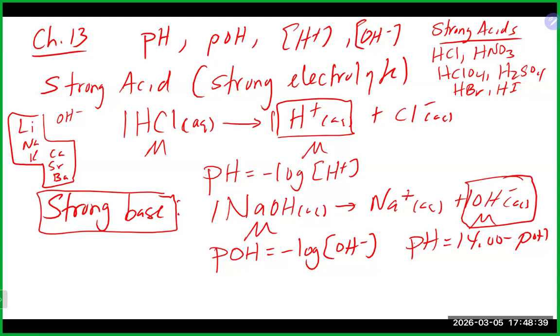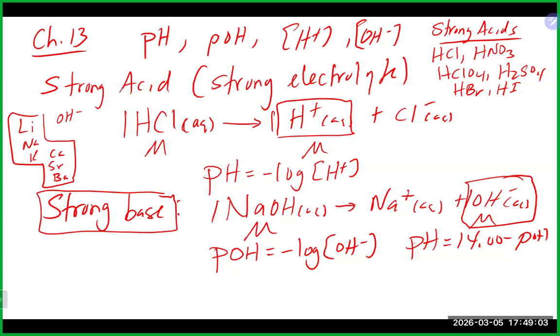I would say in most cases, unless it's otherwise stated, most things are considered 25 degrees Celsius, almost like a standard temperature value. But regardless of the temperature, whatever your H plus concentration or OH minus concentration is at that point would go into there.